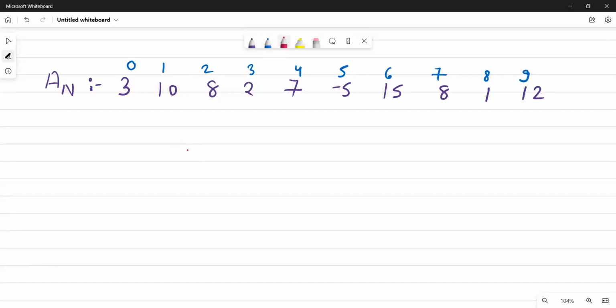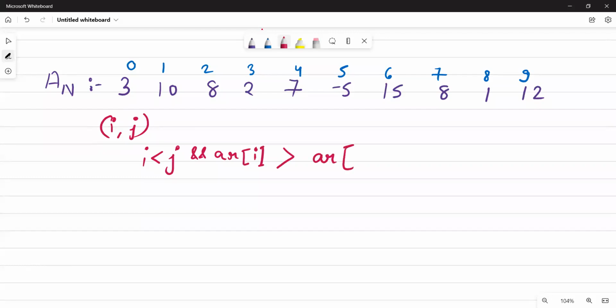In this question, you have to find the pair of numbers, that is i, j, in such a way that the index i is always less than index j, first thing. And the next thing is array of i should be greater than array of j.